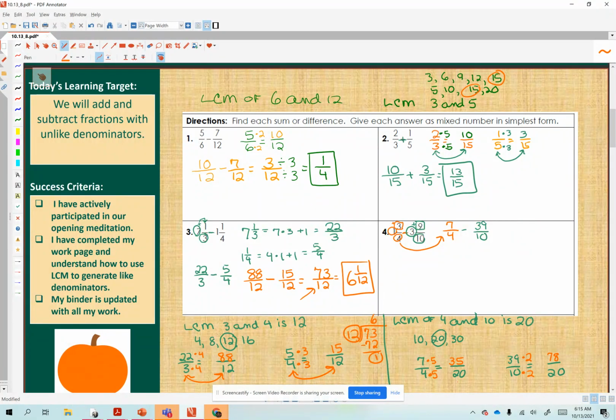So now my problem will read 35/20 minus 78/20. And that tells me right away I will have a negative number as an answer. So let's rewrite the problem. 35/20 minus 78/20.